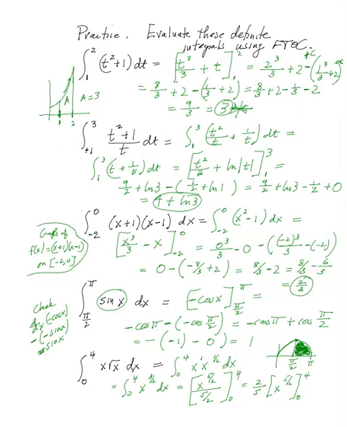I happen to factor it out. So you get 2/5 times 4 to the 5/2 minus 0 to the 5/2. 4 to the 5/2 is just the square root of 4, which is 2, then to the 5th power. So that's 32. So I get 64 over 5.